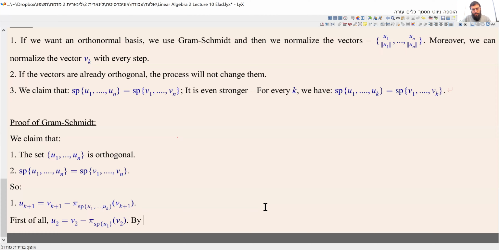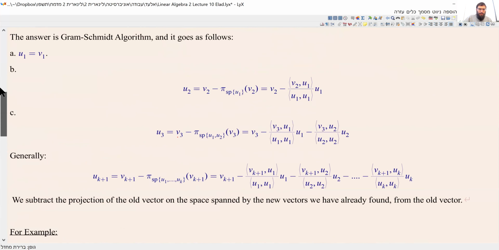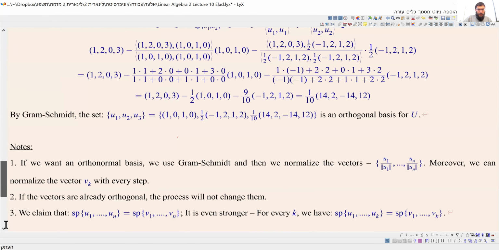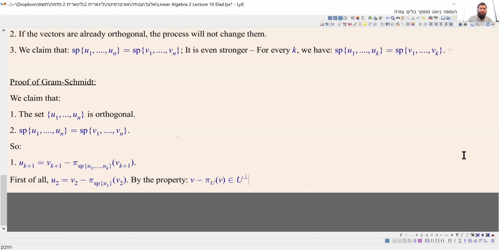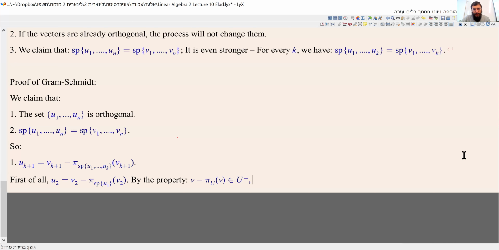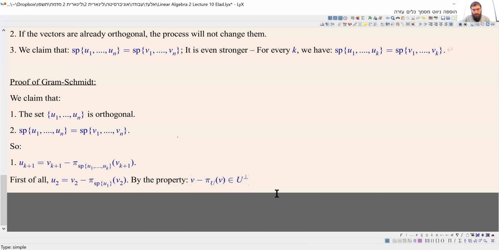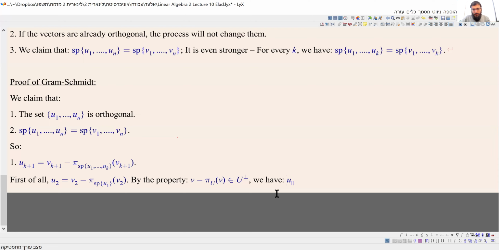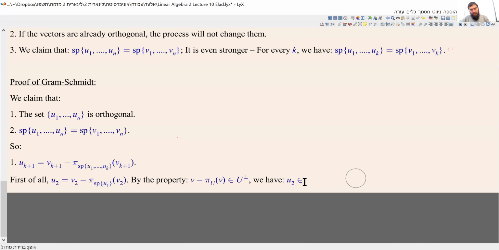By the property that v minus the projection of v onto U is always in U perp, we have that u2 is in the orthogonal space of the span of u1.